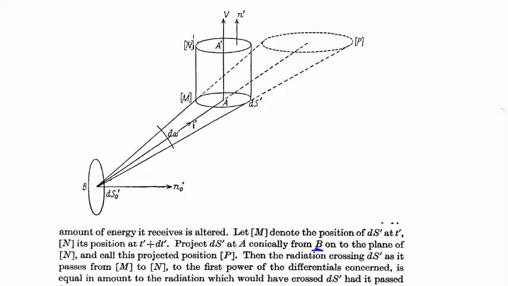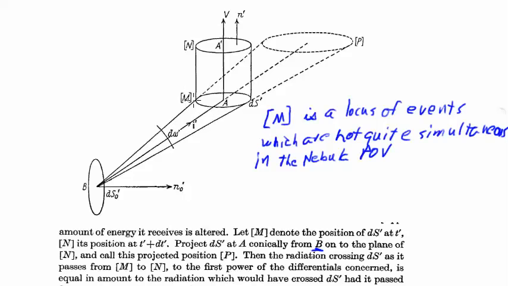So this plane, is this a plane? It's a plane in space-time. Okay, so M is a locus of events which are not quite simultaneous in the nebula's point of view. And also N is a locus of events which are not quite simultaneous in the nebula's point of view. But we can be sure that this event A happens at t prime, and A prime happens at t prime plus dt prime.